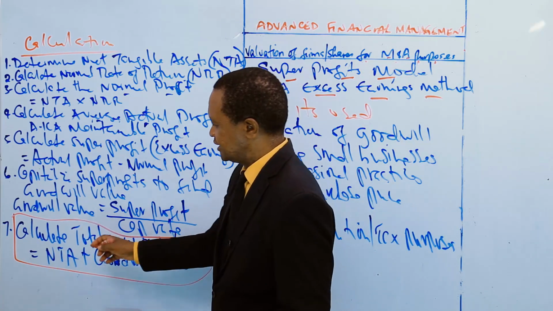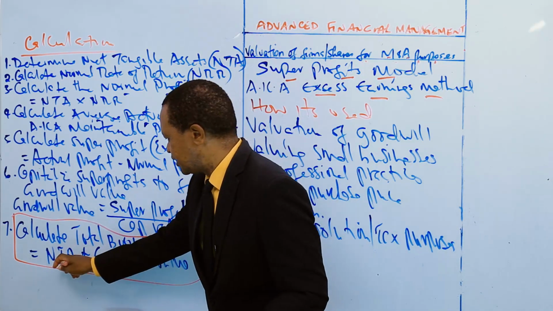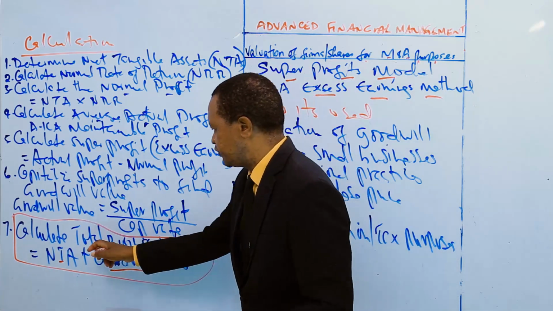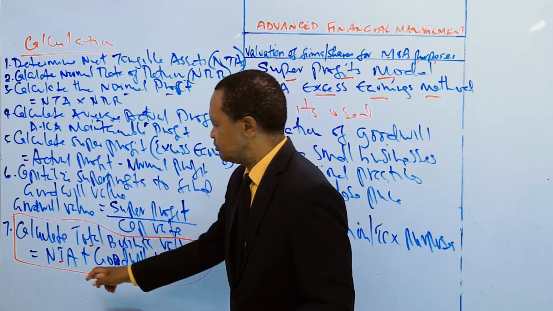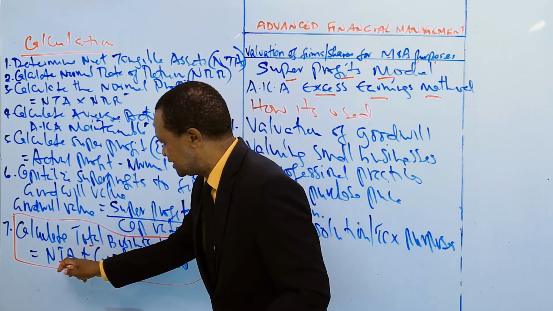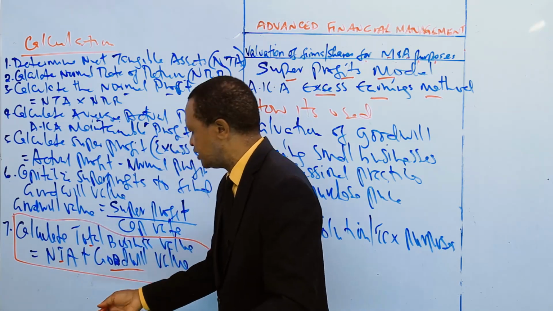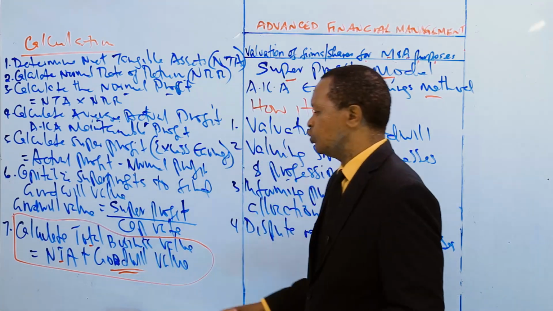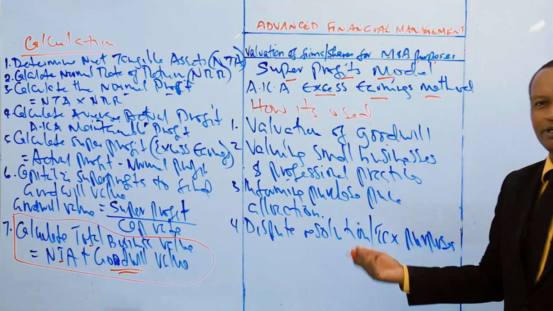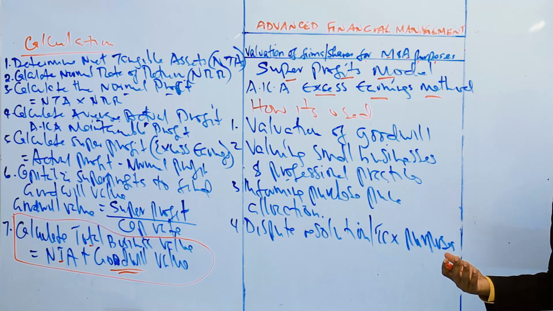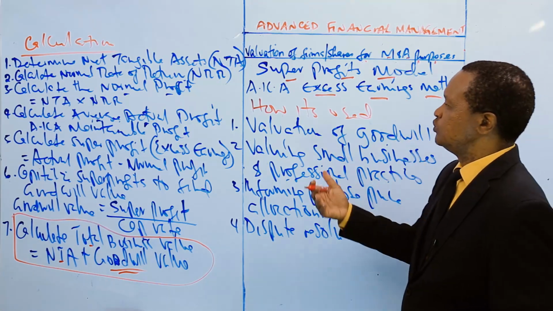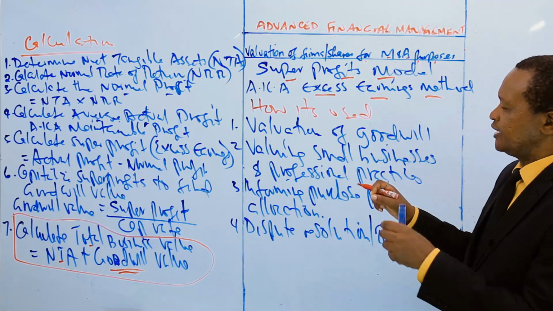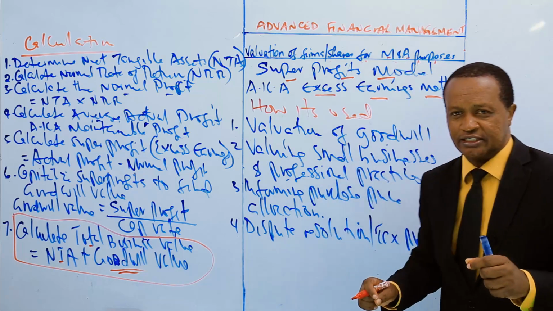That's why in the last stage we have the tangible assets plus the intangible assets. That will give you the total value of the firm. The net tangible assets, these are the tangible assets. Then you add the intangible assets, which are represented by the goodwill. This method does not entirely value a firm or a company. No, it is only used to value the component of the intangible assets.